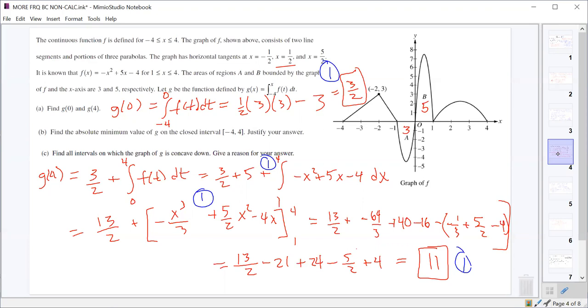I'm looking at the scoring guidelines. They did not split it there. My tendency would be to not split it there either. I have a feeling that if you did split it there, you'd probably be okay. But yeah, you don't need to split it there. Okay.